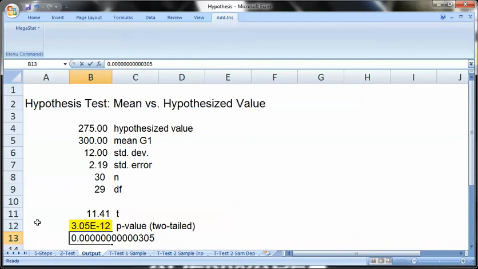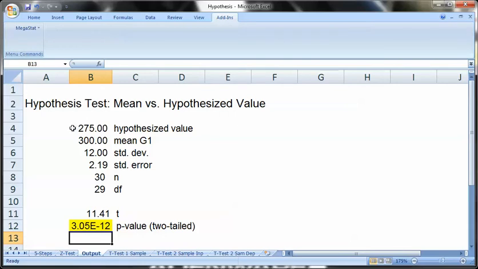Now that number is definitely smaller than 0.05, hence the reason why it's in yellow. Again, a fun little feature about Megastat is it will put in yellow statistically significant things that are below 0.01 significance level. All right.